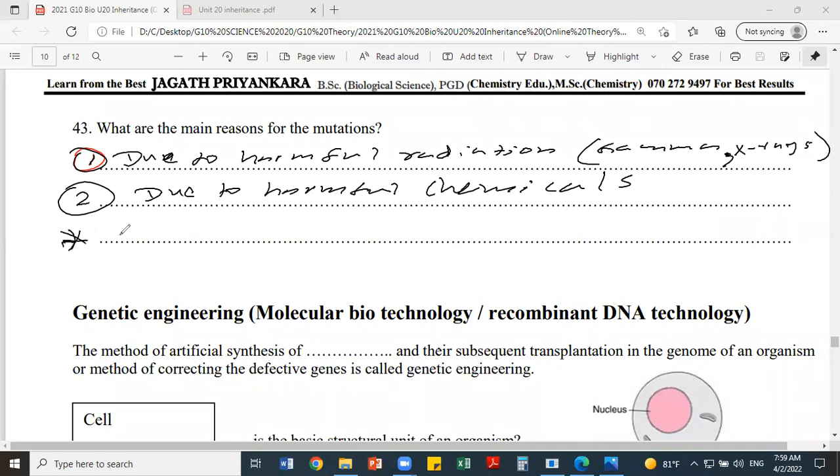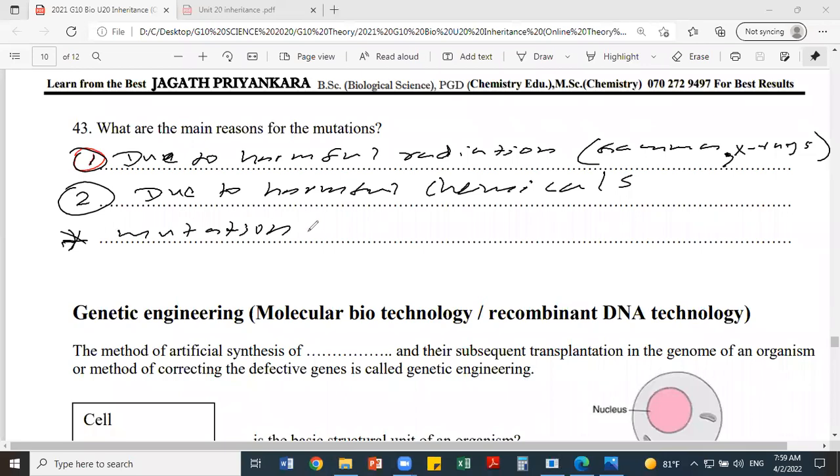Mutations can occur without any external influence, spontaneously. Mutations can also occur when we don't know the reason. Sometimes the mother has no issues, the father is genetically fine, they are healthy parents and not exposed to radiation, but the child is born with a mutation. We call it karma, and religion-wise, Buddhists say you can't help it.